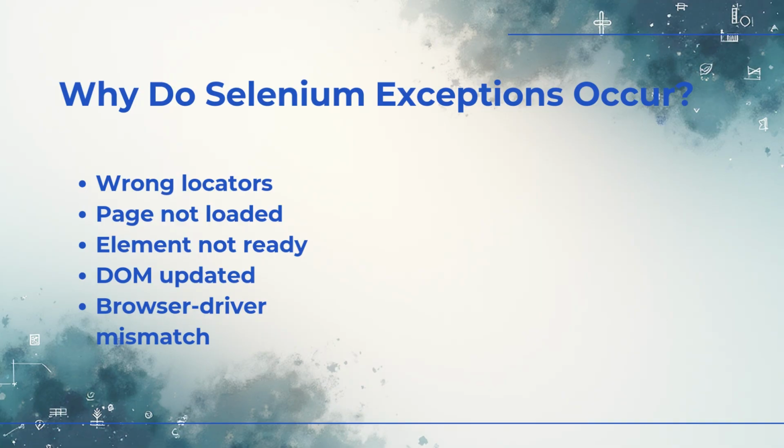In the page, the element you're looking for might not be there yet, or the locator you have provided might be incorrect, and the page could be loading slowly. The DOM might have changed, or sometimes the browser and driver versions might not match. So these are some normal issues when automating modern web applications, which are dynamic, asynchronous, and constantly changing.